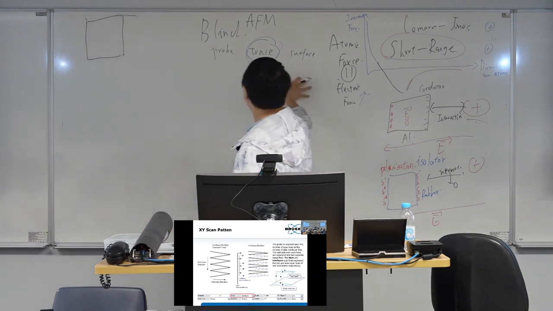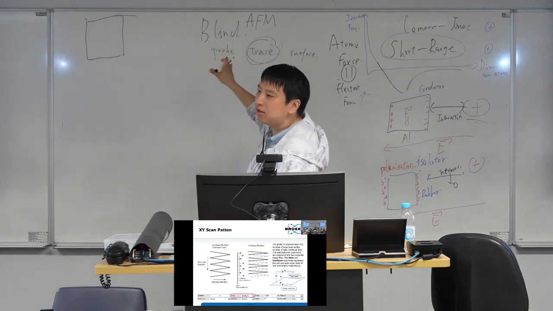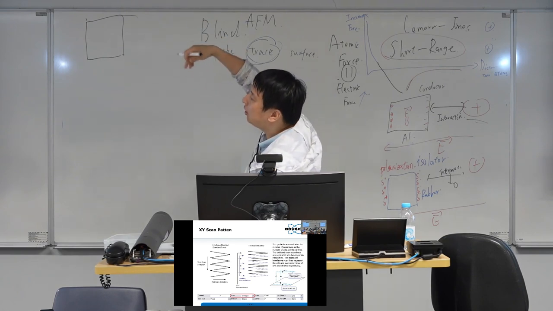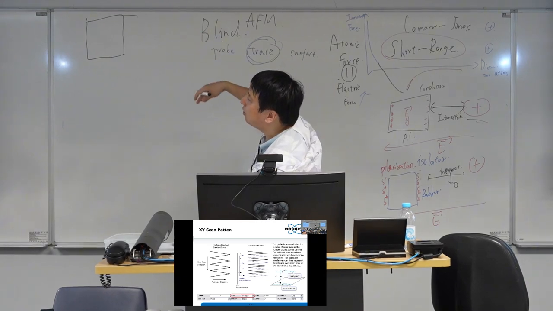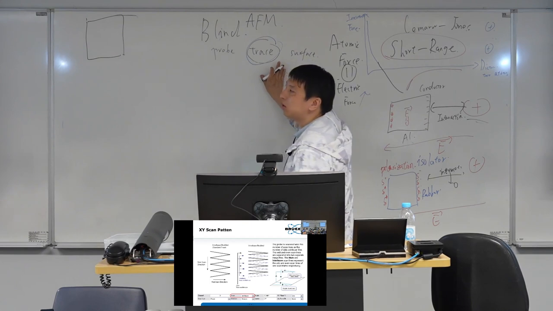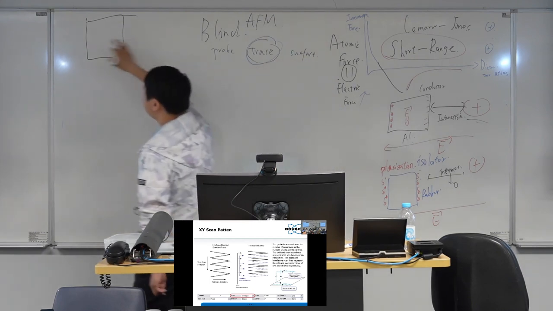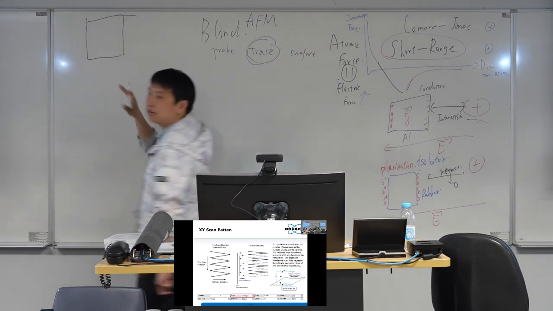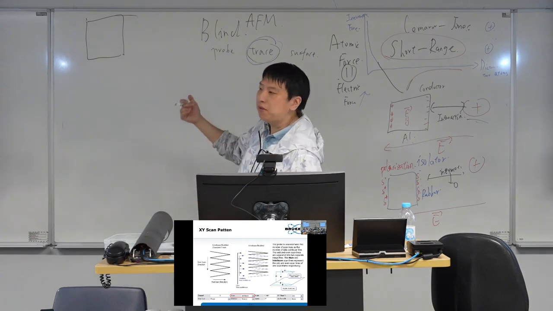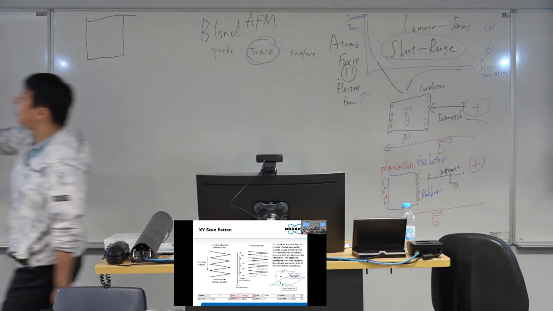We let the probe always trace on the surface, so it controls the distance between the tip and the surface. And then how can we achieve this kind of so-called scan? So the probe should move to every point on the surface. So in a typical way, in our AFM setup is the so-called raster scan.